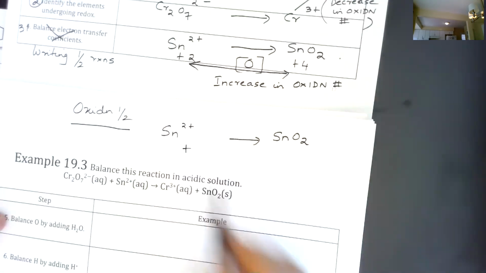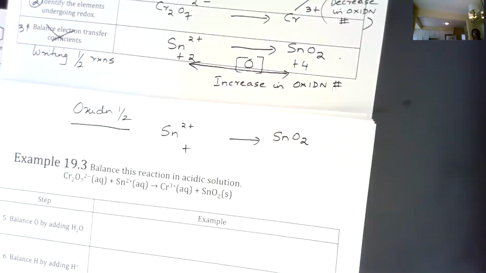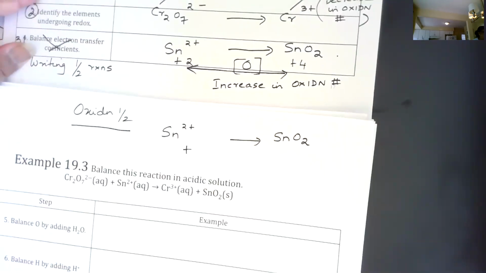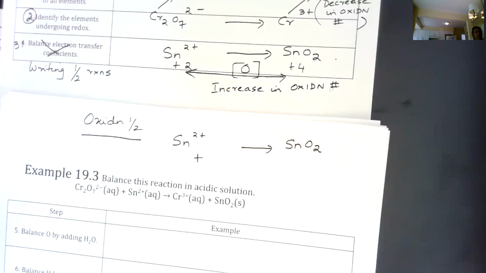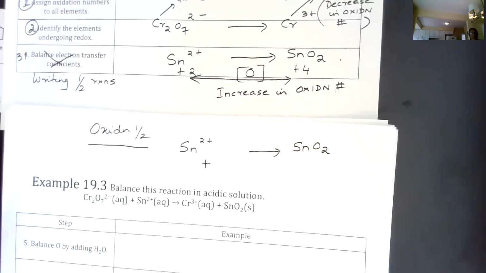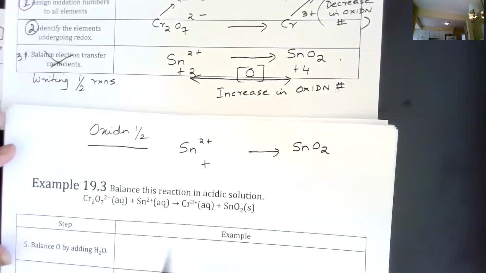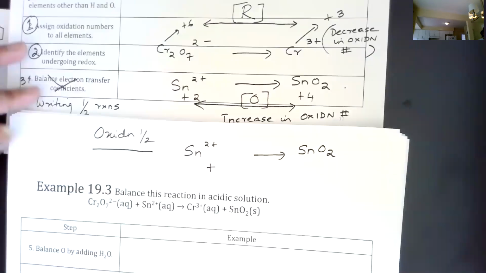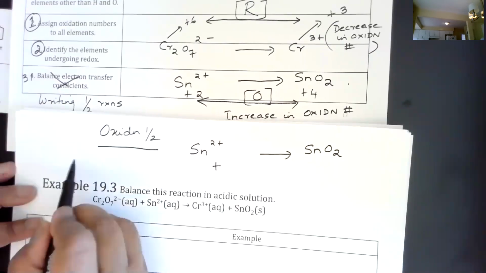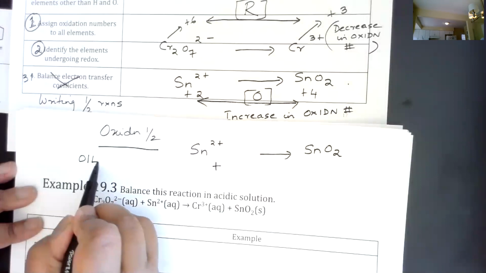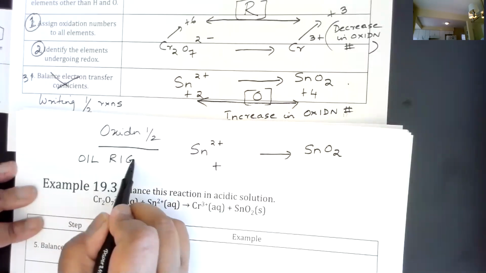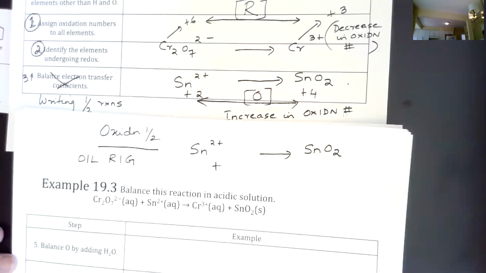Dr. Mary, I found a way of remembering how to know which is oxidation and reduction, just to help these people struggling with the LEO GER. Yeah, didn't I say that? If you write down the word OIL RIG, you can remember both of them, because it spells out oxidation is loss and reduction is gain.